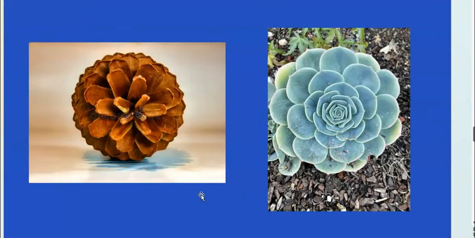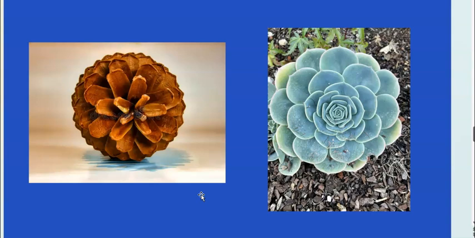Here's some more examples. We have the pine cone on the left and the succulent plant on the right that both feature the Fibonacci sequence as a pattern. The cone scales on a pine cone feature the Fibonacci numbers, and the leaves on the succulent do as well.